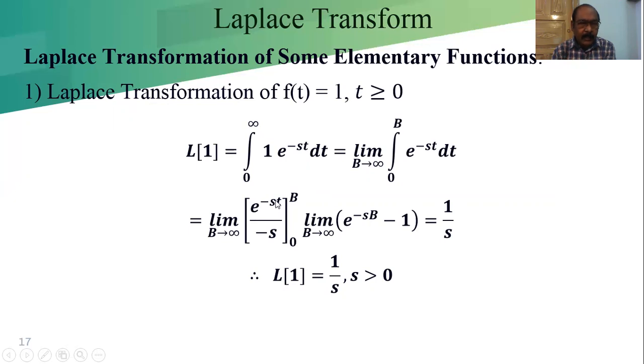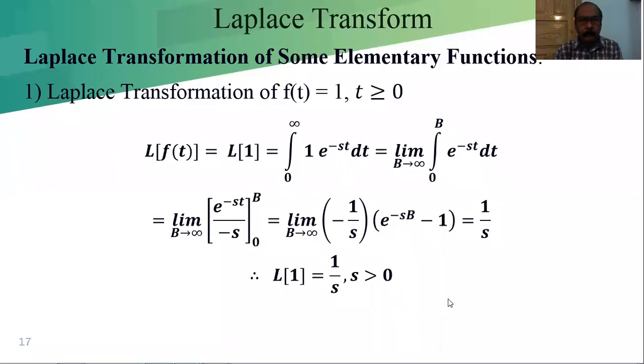So we get 1 by s times e to the power minus sb minus 1. When b tends to infinity, e to the power minus sb goes to 0.